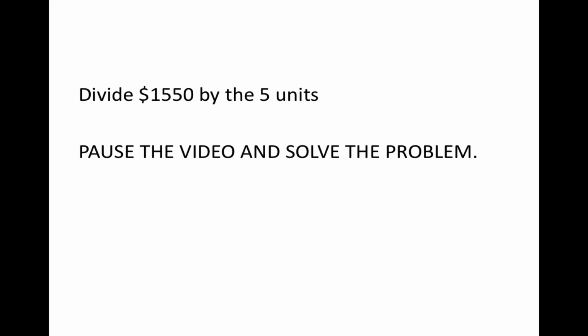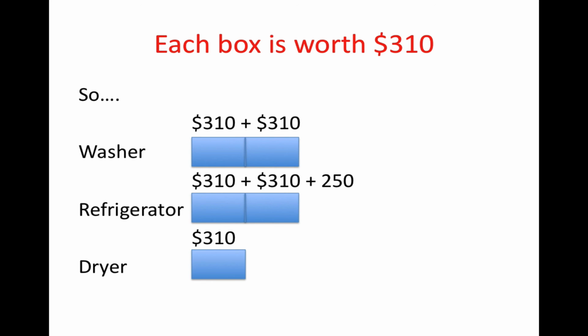Pause the video and solve the problem. Okay, so you figured out that 1,550 divided by 5 is 310. So let's put $310 above each one of those boxes or units, and that gives us the price of each one. And why don't you go ahead and add each one of them up, and you'll know how much each appliance cost.